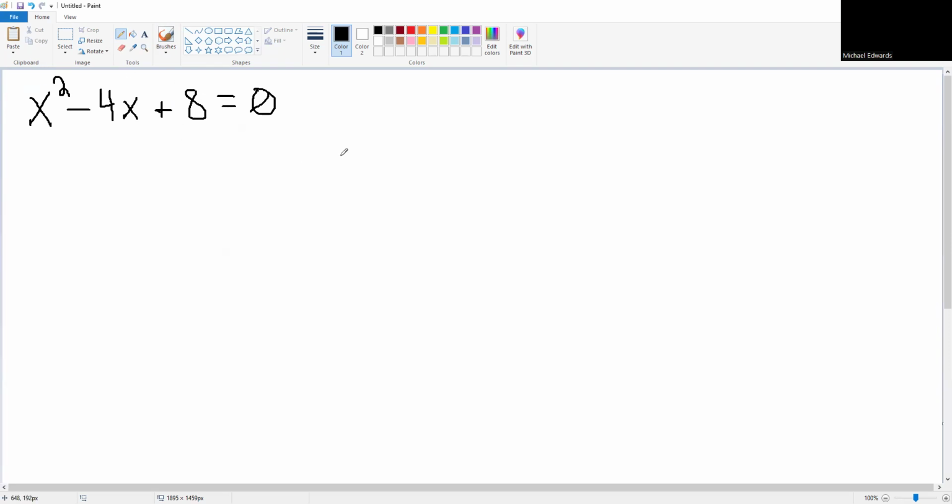So we have a 1 here. 8 times 1 is just 8. So we now need factors of 8 that add up to negative 4. So 2 times 4? I don't think that's right, that wouldn't work out. Are there any other multiples that would make it?